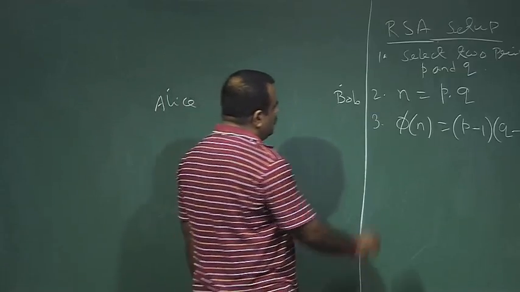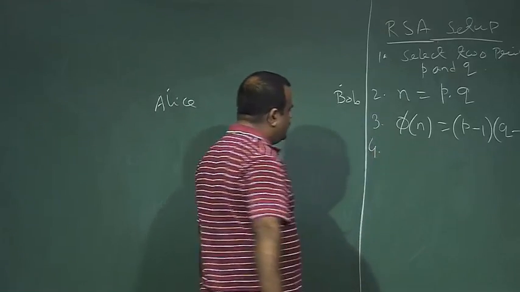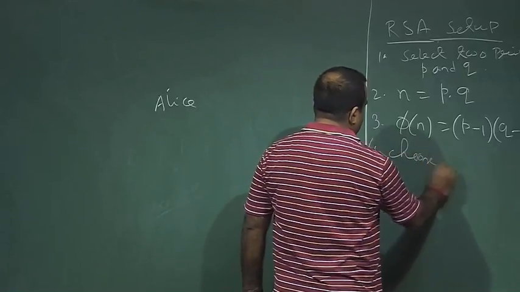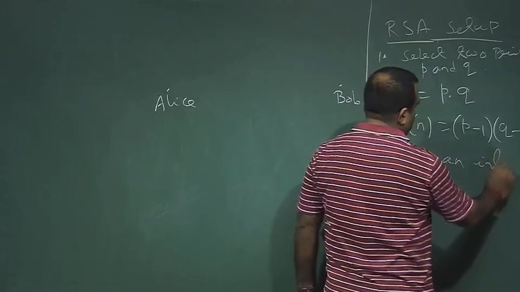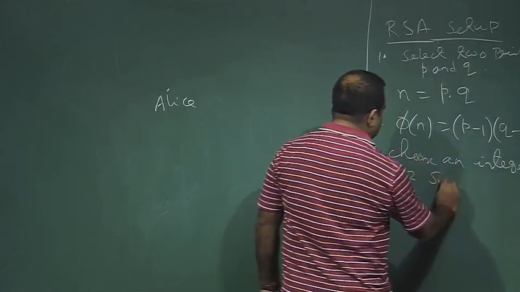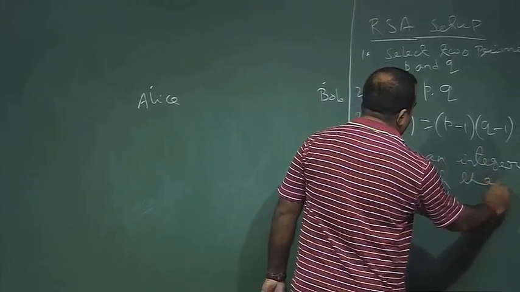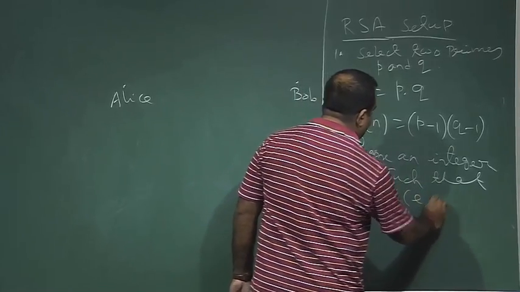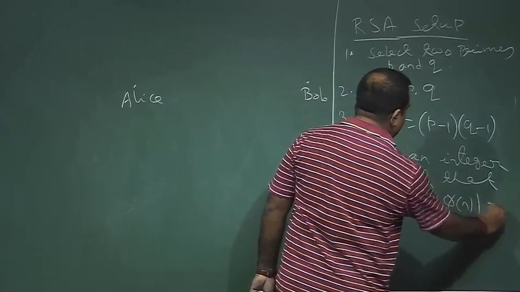And now Bob will choose an integer E such that GCD of E and phi N should be 1.